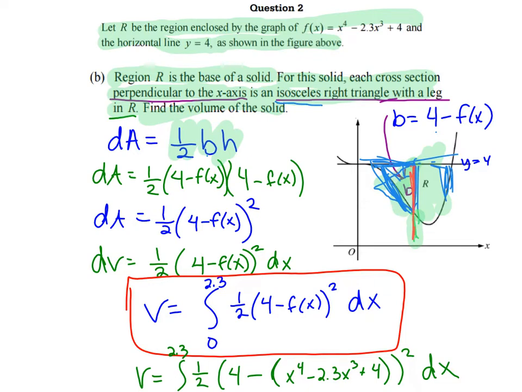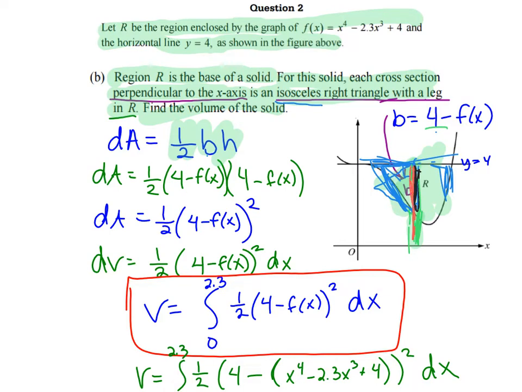But we don't want 4. We want this. So what we've got to do is remove this. This entire red piece is 4, but we only want what's in black. So we're going to have to subtract what's in green. So that's why we have 4, but just the red stripe.